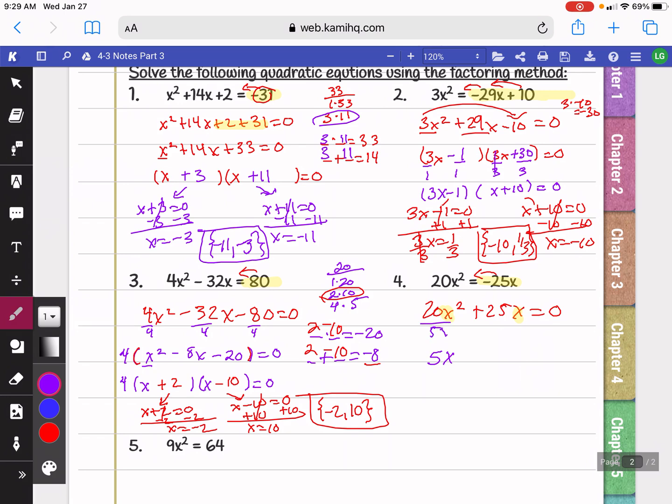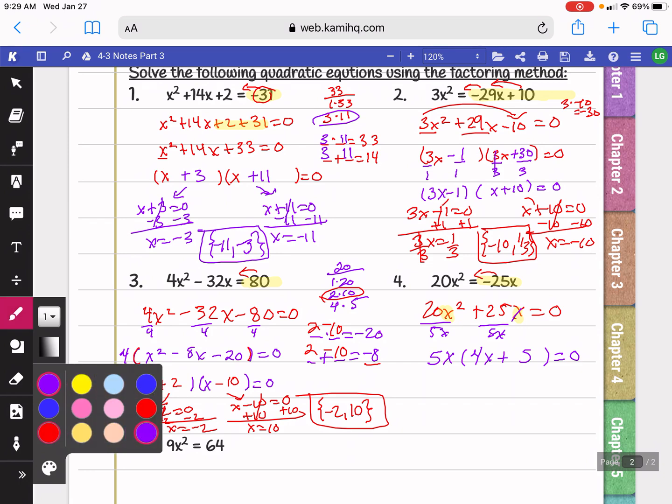And then remember, you just work backwards to see what would go in your parentheses. So 20x squared divided by 5x will be 4x. And 25x divided by 5x will be 5, because here my x's cancel. So these are my two factors, 5x and 4x plus 5. Here we would want to set each one equal to 0.